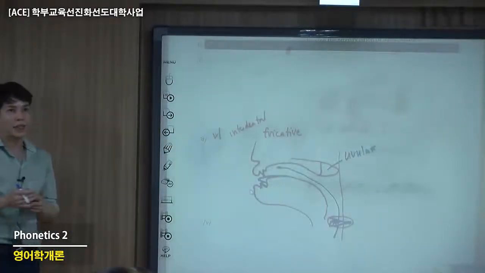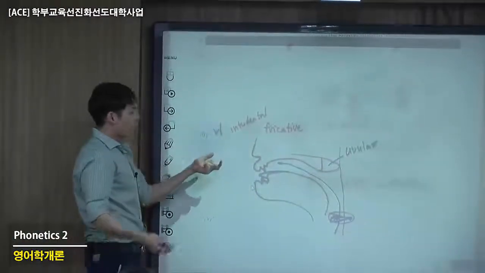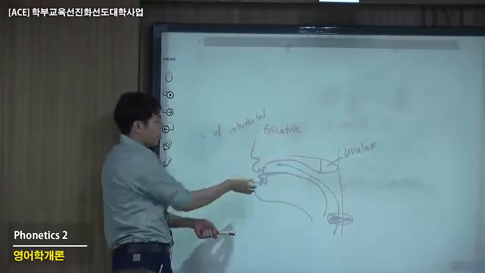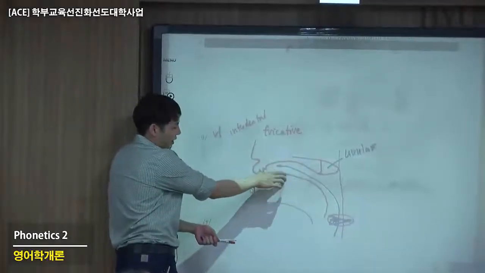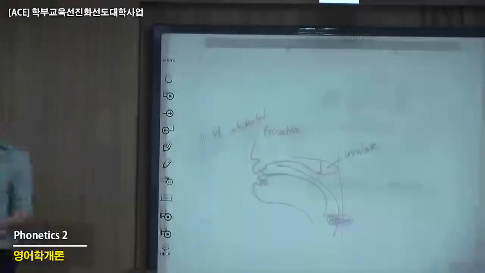Come out continuously because it's a fricative sound. Okay, so far so good. So I may give you a partial diagram where you just have to, let's say, make some modification to the tongue or whatever, right?